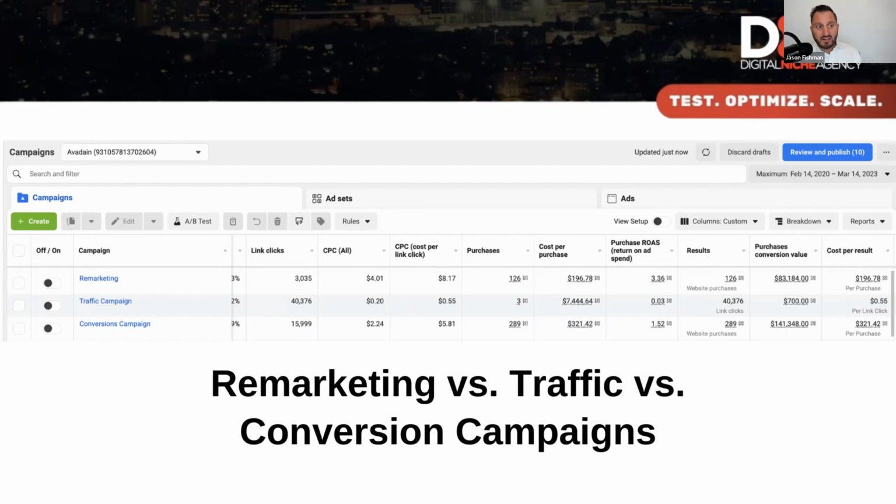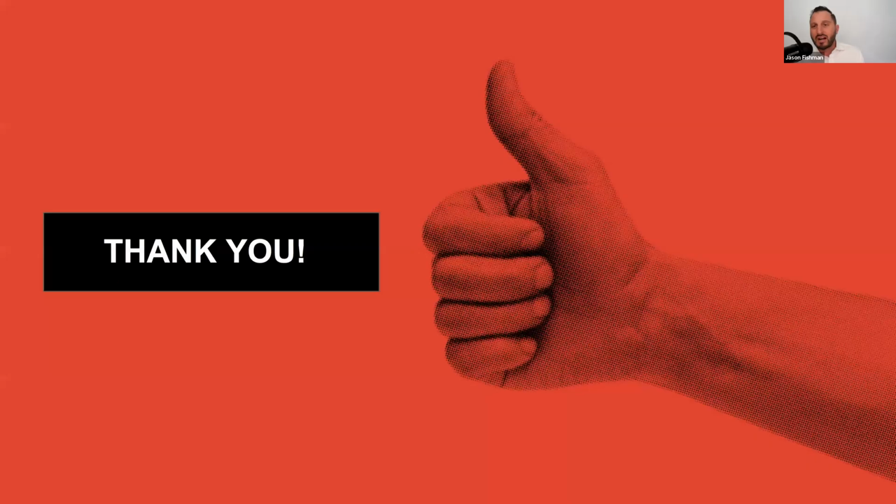So, having the breakdowns between traffic, remarketing, and conversion campaigns, showing some real analytics, real performance, things that we're looking at in terms of purchase conversion value, cost per purchase of 196 for campaigns that produce well over $500 in conversions, and campaigns that produce even higher numbers on top of that. We can break all of this down as well in private discussions with you. So we can make all of this available.